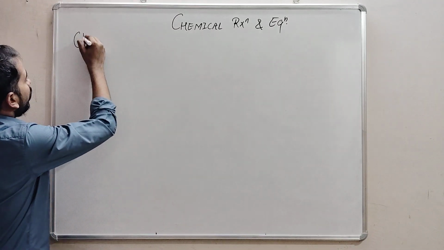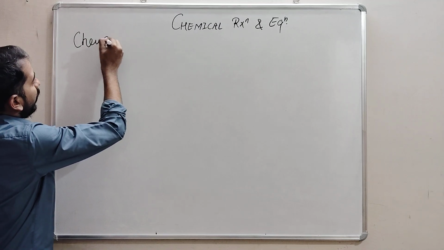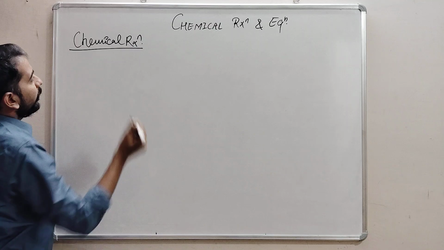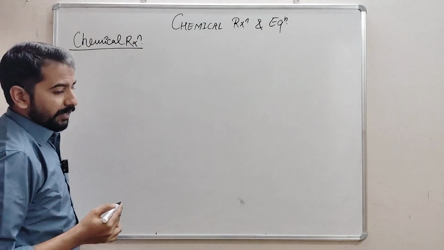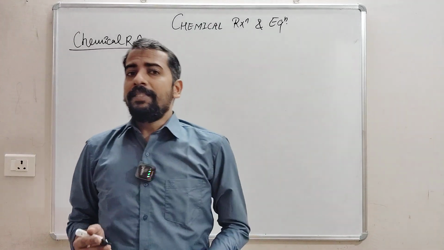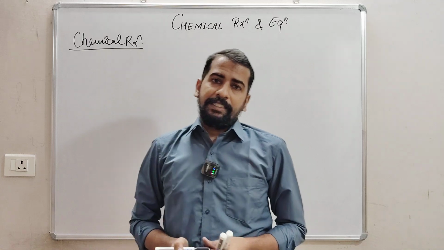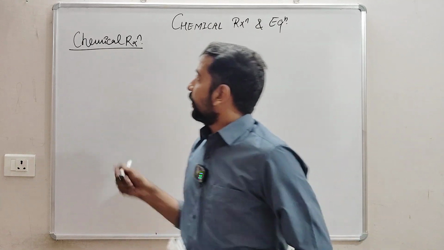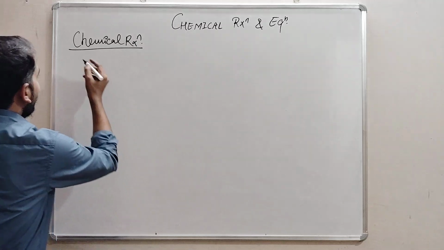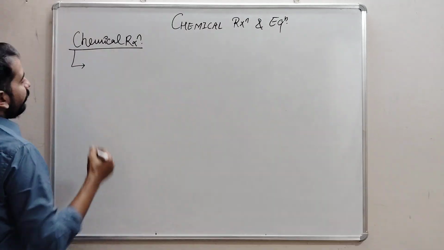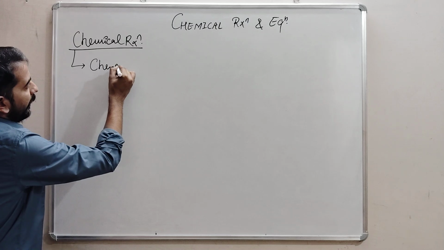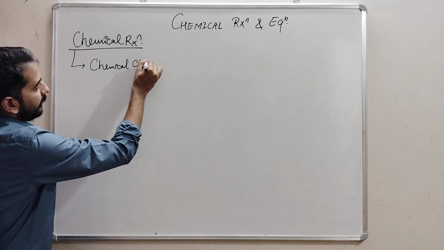Chemical reaction. Okay, so अब देखिए chemical reaction, it means any chemical changes in our environment is known as a chemical reaction. So we can say what 3 points we should need. First one is chemical changes should be there.